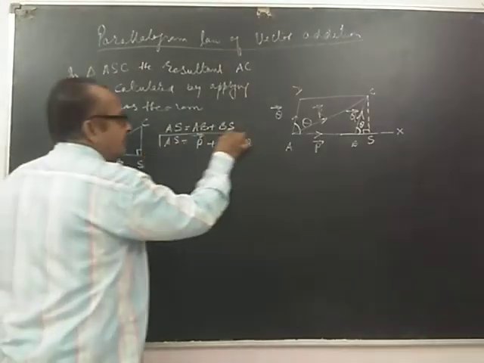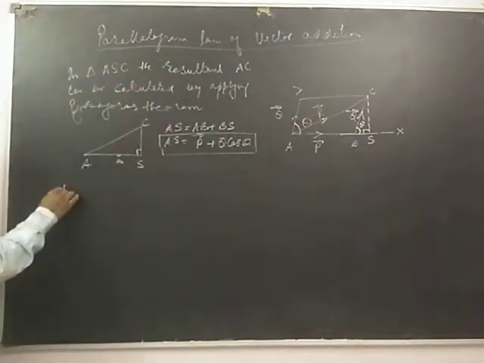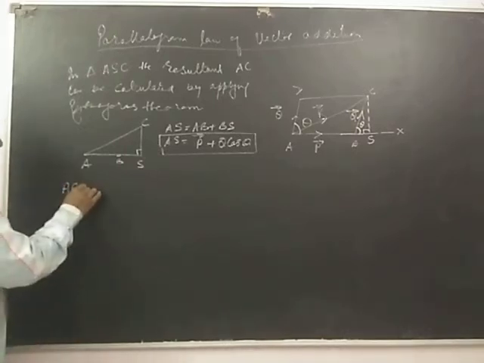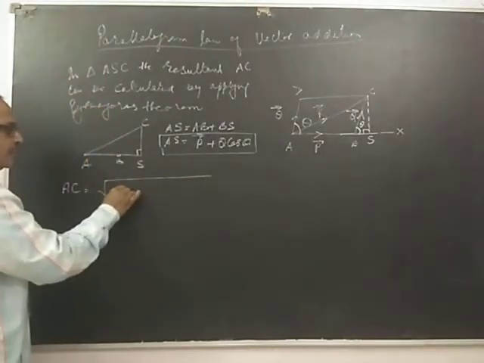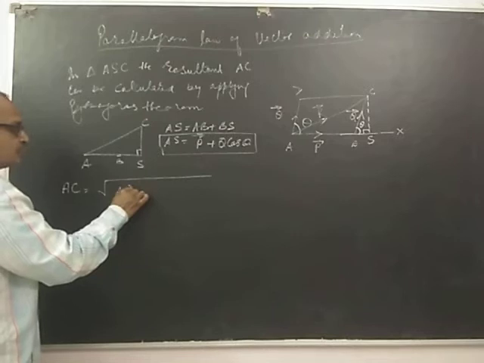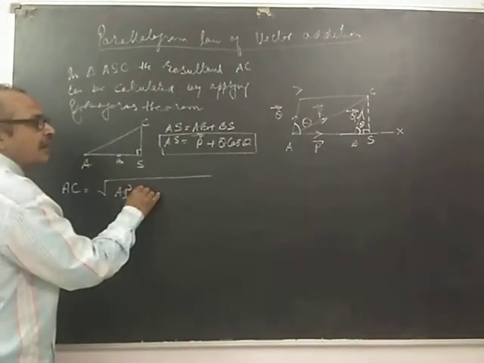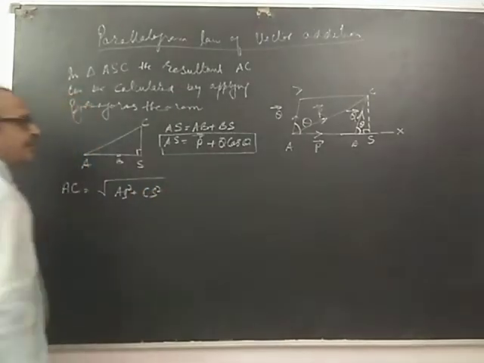So this is my AS. So when I apply Pythagoras theorem, what do I get? AC. So AC is equal to under root of AS square plus CS square.